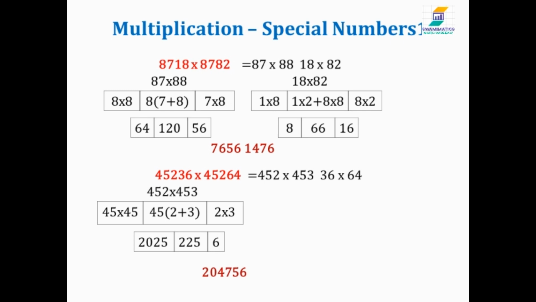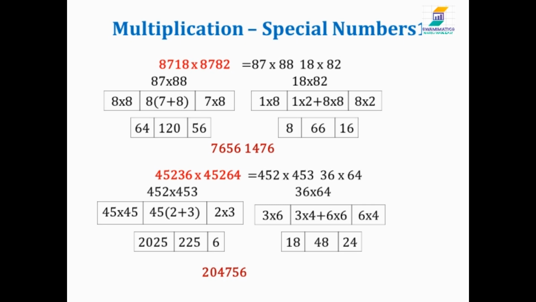204756. Please look at the general method which we discussed earlier, wherein we have discussed a 3-digit or 4-digit number, which we can do by the use of the formula for a 2-digit number. And that is what I have done here. The next one is what? 36 into 64, which is straightforward. 3 into 6, which is 18.